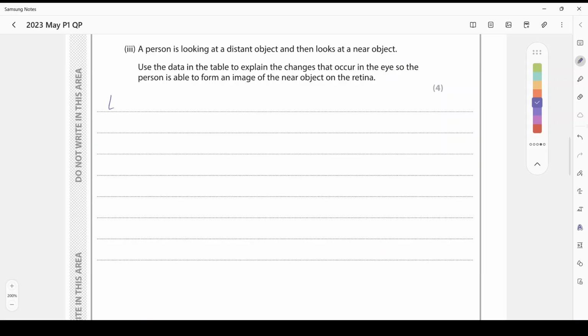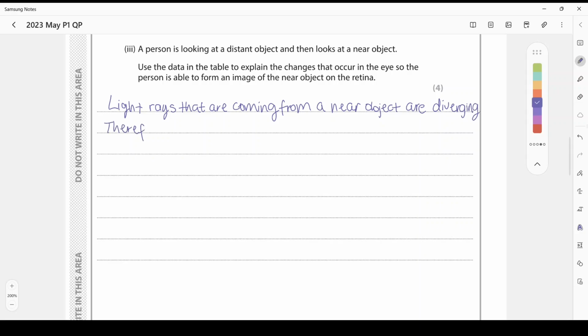So we can say light rays that are coming from a near object are diverging.